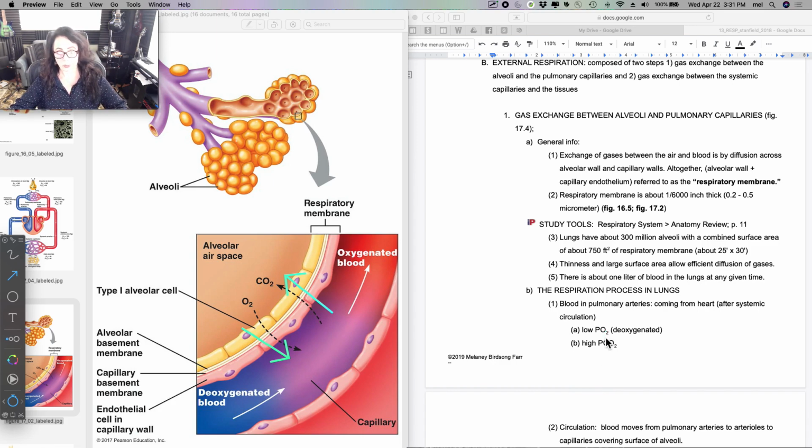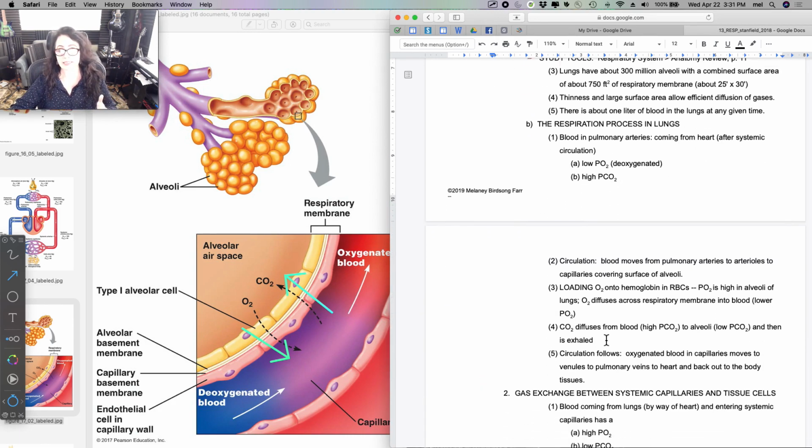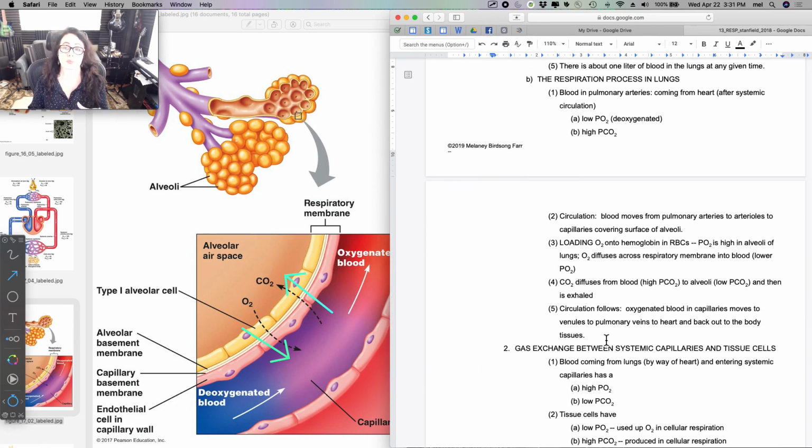So the respiration process, and remember respiration means gas exchange, in the lungs is that the blood that's coming into the lungs via the pulmonary arteries was low PO2, deoxygenated. It's never 0 oxygen, by the way. It's just low oxygen versus high oxygen, and high PCO2.